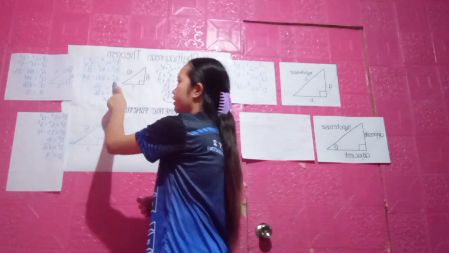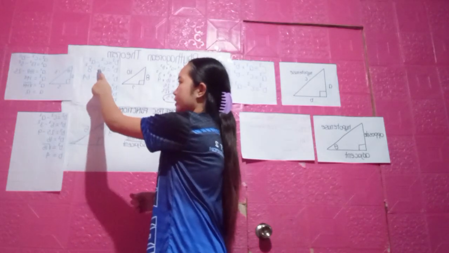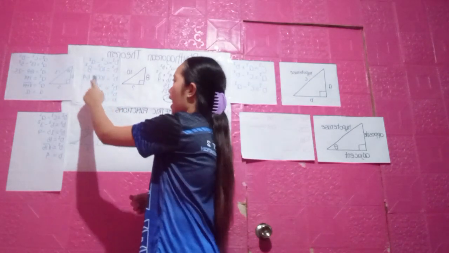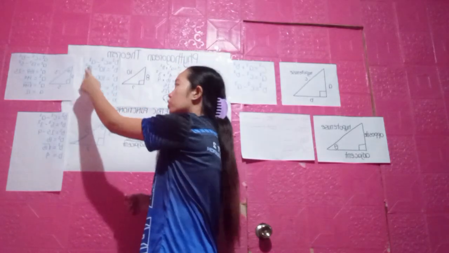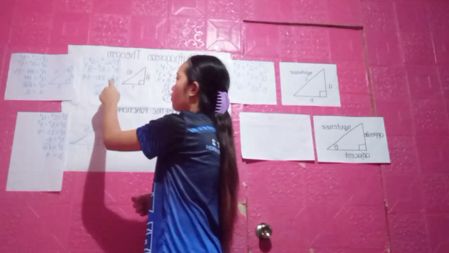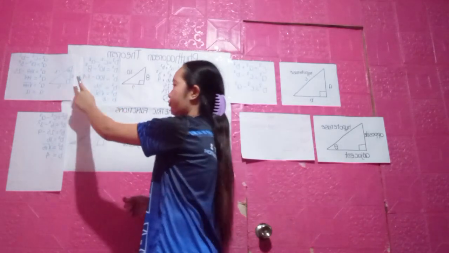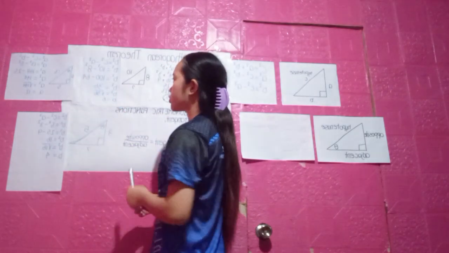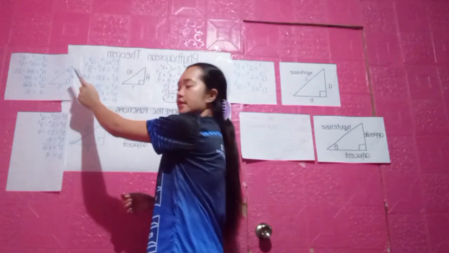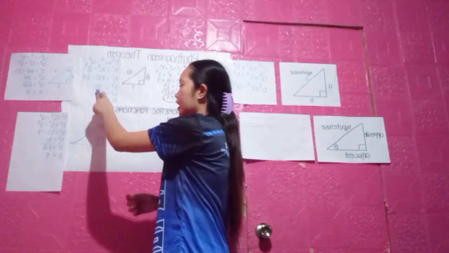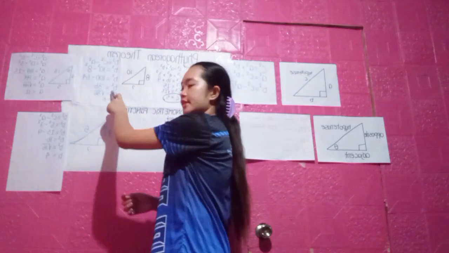So, now, we need to solve. So, b squared, so 10 squared is equal to 100. And 8 squared is equal to 64. So, we have b squared equals 100 minus 64. Now, we need to solve. So, 100 minus 64 is 36. But still, b is squared.